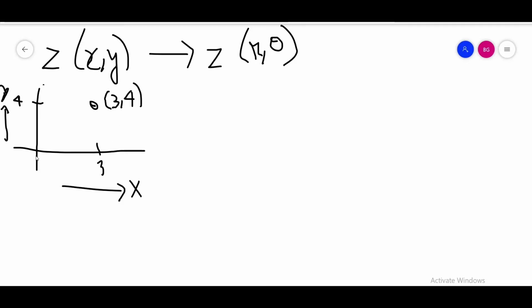Let's join this point from the origin 0 comma 0, connect it down, and let's take this triangle's angle to be theta, with y and x as the sides. So we connected from the origin to this point.